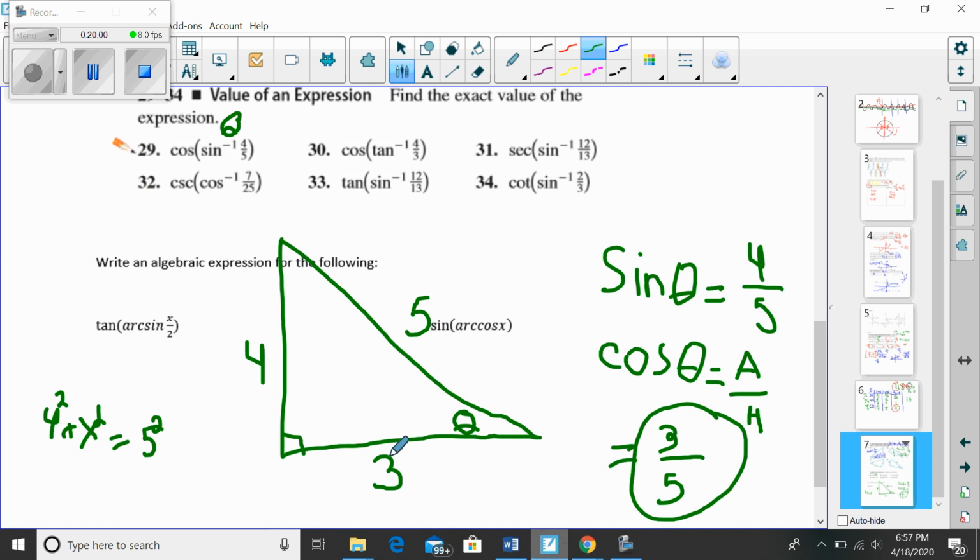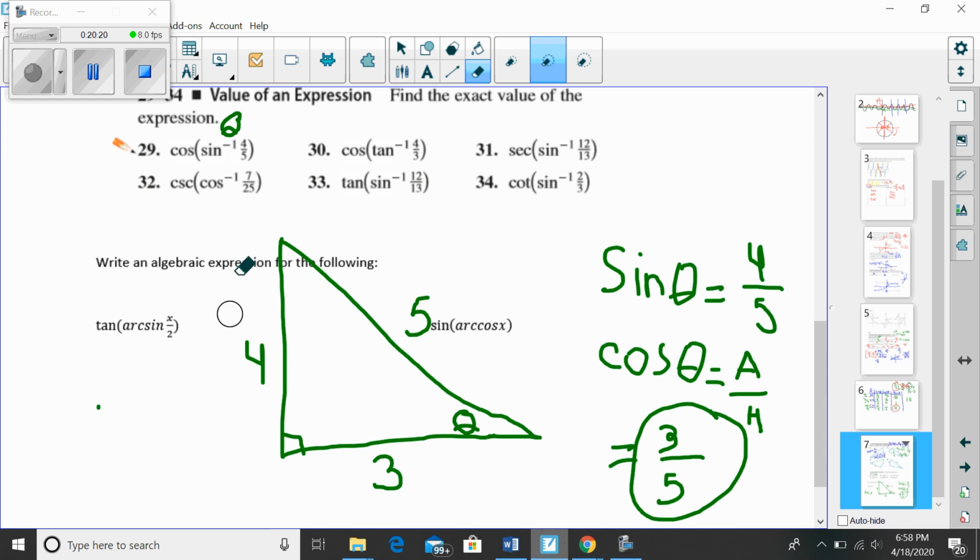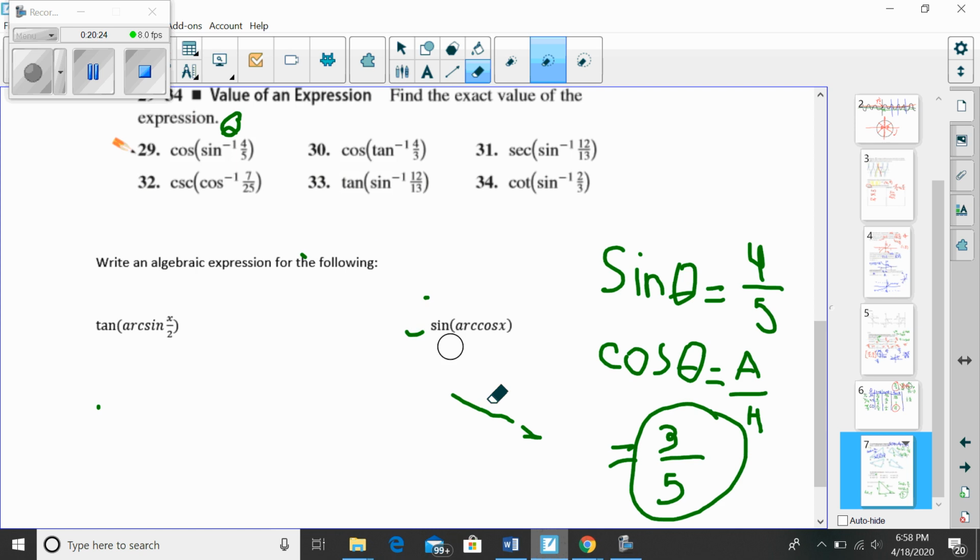So 29 and 30 are actually the exact same problem. Both 29 and 30 have an answer of 3/5. All right, so let's try one together. Let's do 32, and then I'll have you pause the video and turn you loose on an example.